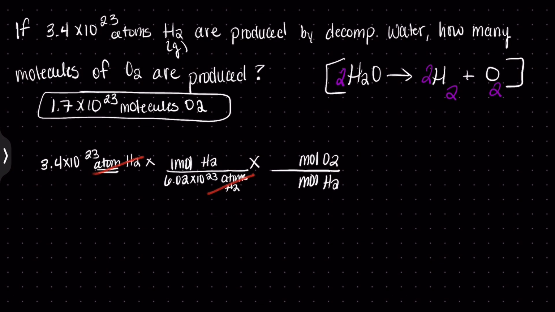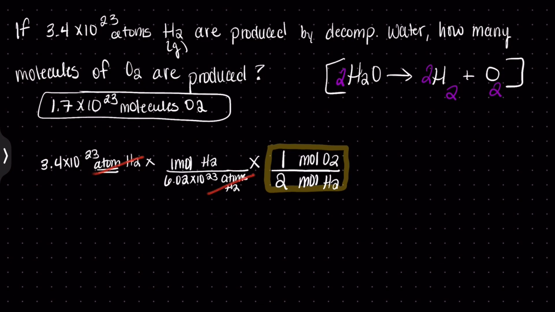Now I'm using that molar coefficient we get when we balance here to start filling in my molar bridge. I have an imaginary 1 in front of that oxygen, and in front of my H2, I have that 2 here. So far, I've done my molar bridge, because that's what this part right here is, a molar bridge.